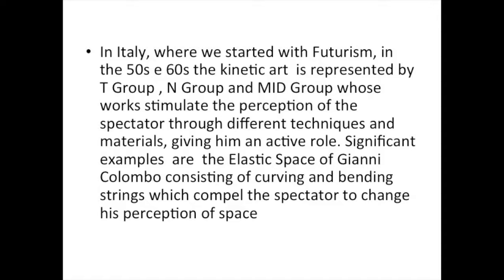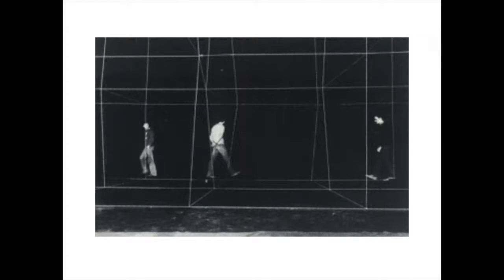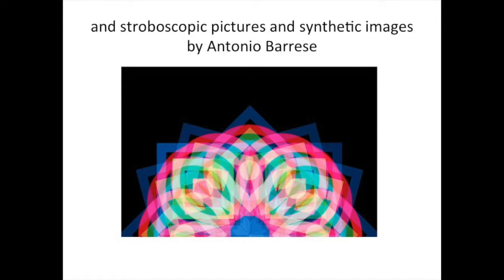Significant examples are the elastic space of Gianni Colombo, consisting of curving and bending strings, which compel the spectator to change his perception of space, and stroboscopic pictures and synthetic images by Antonio Barrese.